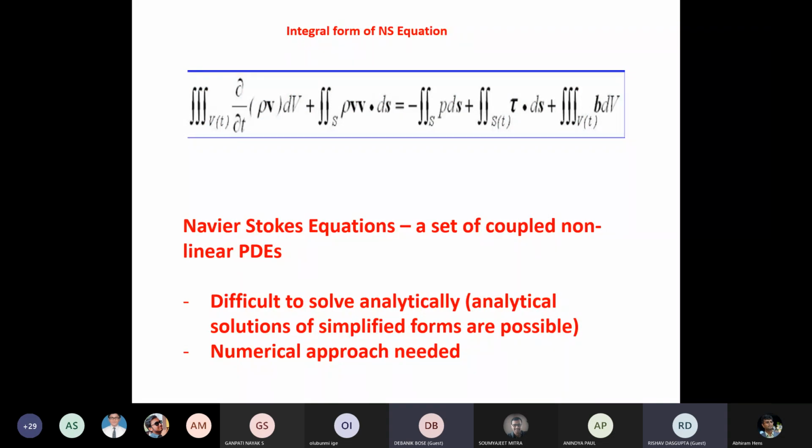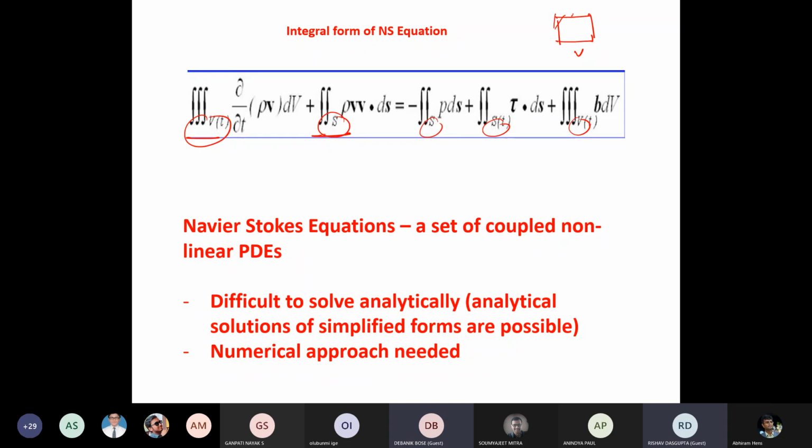If you have to apply the Navier-Stokes equation or any differential equation in a particular finite domain, then you have to integrate that equation in that particular volume element. Okay, in that case, this volume integral will come into the picture, and this surface integral will be there. Now, this volume integral to surface integral conversion is possible by the use of the Gauss divergence theorem, etc.